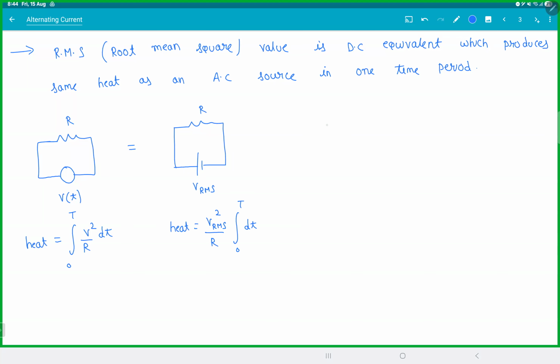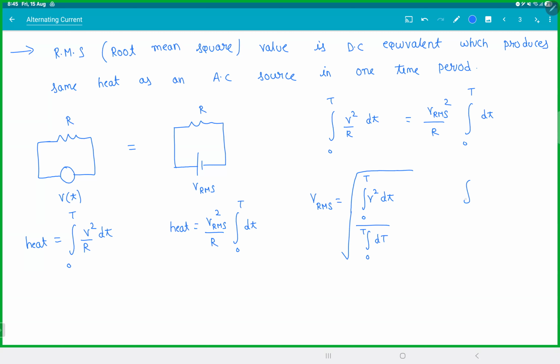That means integral V square by R dt from 0 to T is equal to Vrms square by R integral dt 0 to T. There. So from here we get Vrms is equal to the integral of V square dt from 0 to T divided by the integral of dt from 0 to T, all under a square root. If you guys remember, in KTG we had a similar formula, remember?